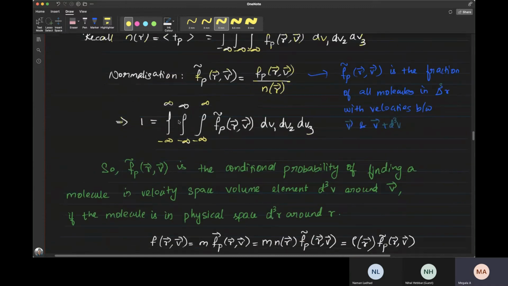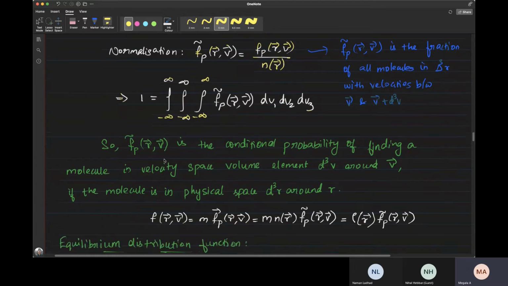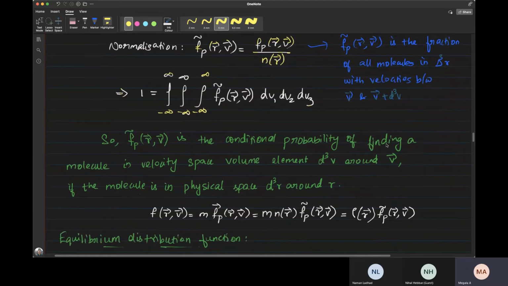Since f tilde is the fraction of all molecules in delta cube r with velocities in this velocity volume, f tilde is the conditional probability of finding a molecule in velocity space with volume element d cube V around V vector, provided the condition that the molecule is in physical space d cube r around r. So this is the condition.